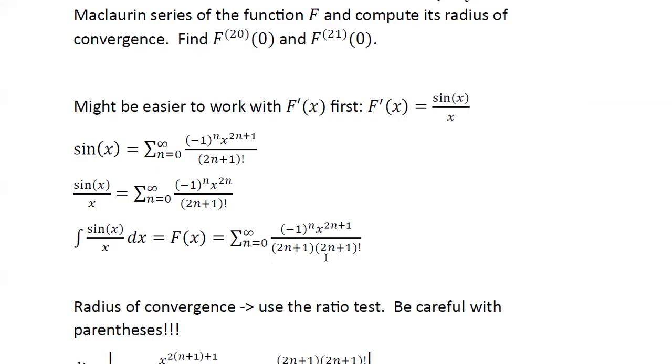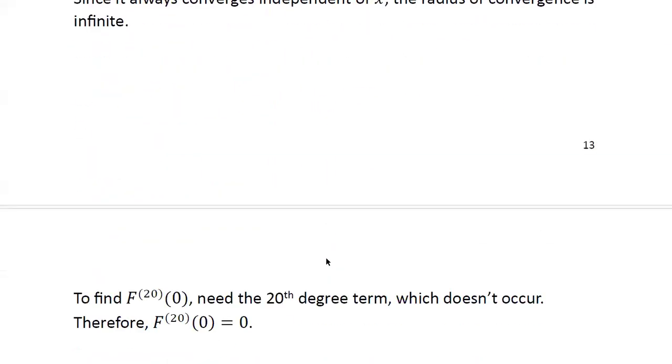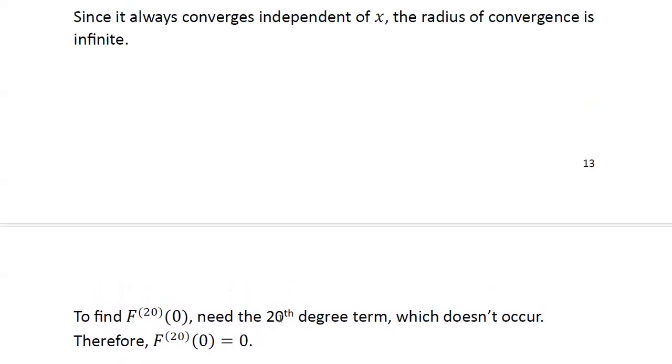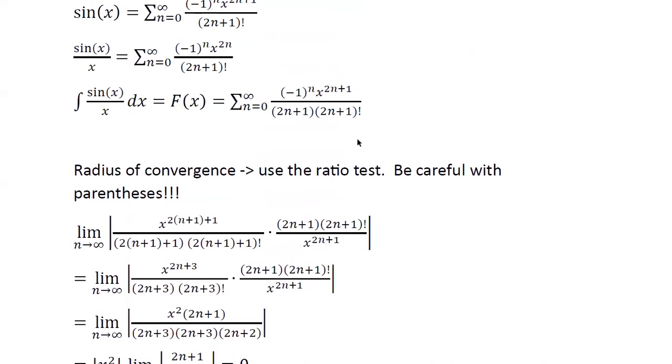So the only term that is left is the 20th degree term, because when we differentiate 20 times, so x to the 20th, imagine that, okay? Differentiate 20 times, we would still have some constants, okay? But the 20th degree term in this case doesn't occur. So we'll see it for the 21st term, okay? So let's just understand that when there's no 20th degree term, because x to the 2n plus 1, those are all odd powers, I should say.